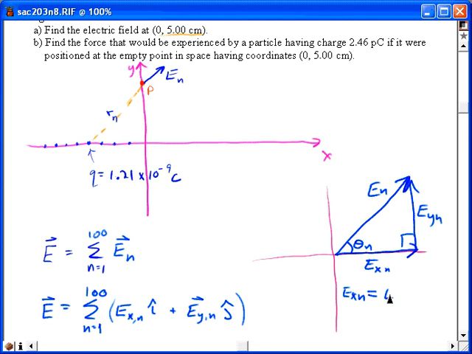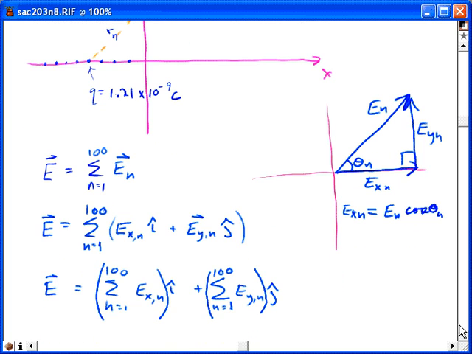Multiplying both sides by E_n, we've got E_x,n is equal to E_n times the cosine of theta sub n. And then E_y,n over E_n would be the sine of theta sub n. Multiplying both sides by E_n gives E_y,n is E_n times the sine of theta sub n.